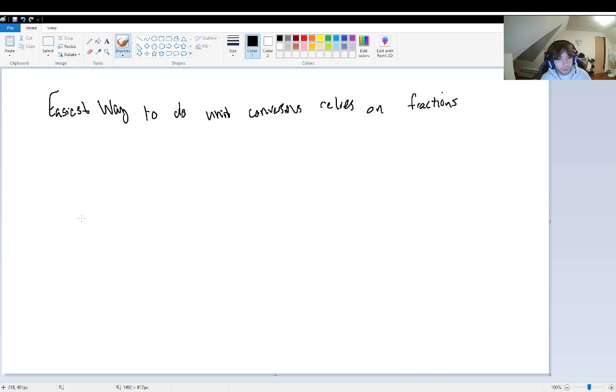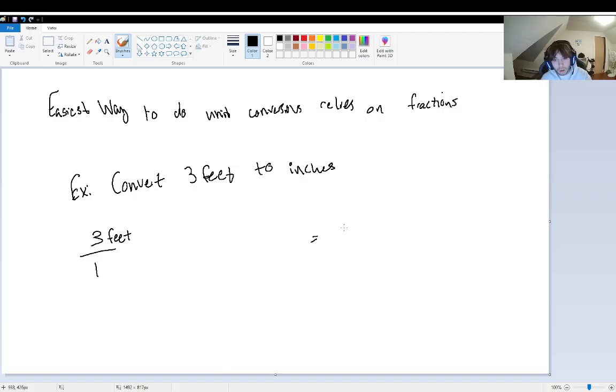If I want to convert something, for example, convert 3 feet to inches, I have to start with a fraction that contains my original value, and I need to end it with inches.